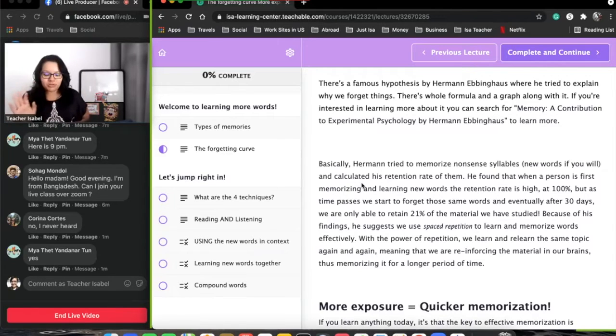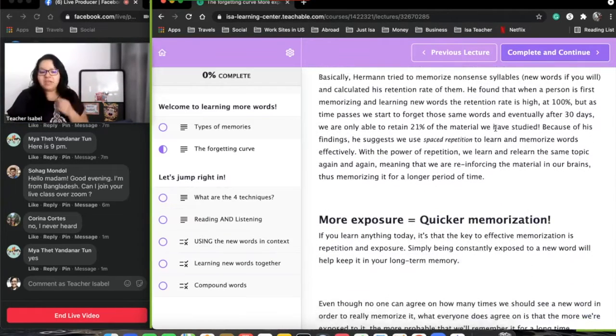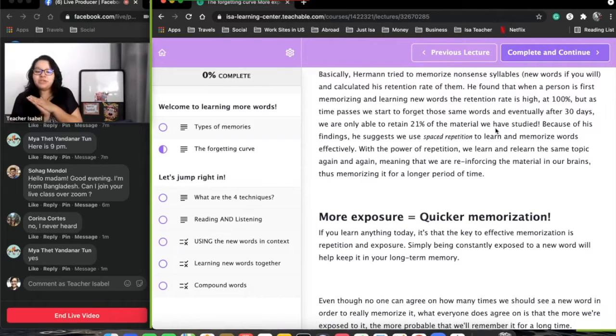If you want to learn more, just search Memory, a Contribution to Experimental Psychology by Hermann Ebbinghaus. Basically, Hermann tried to memorize nonsense syllables, so essentially new words. If you think about it, when we're learning new words, they're just weird, different sounds put together until we start recognizing it as a new word.